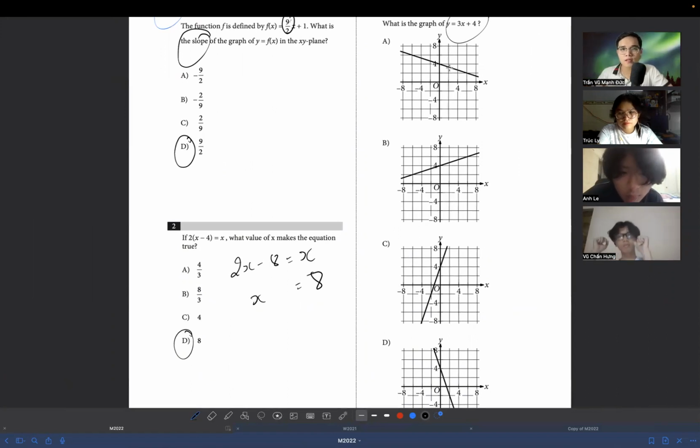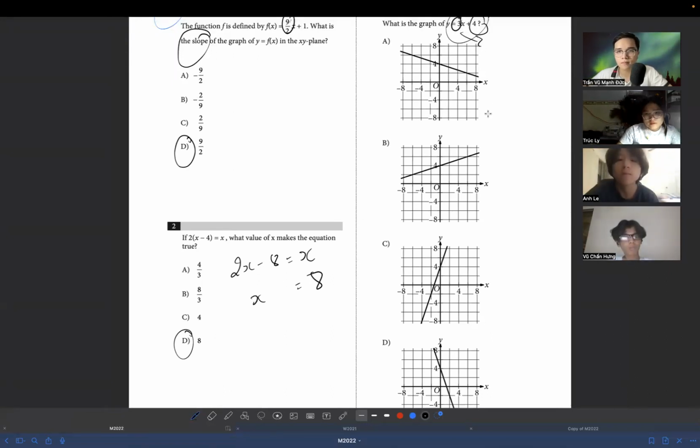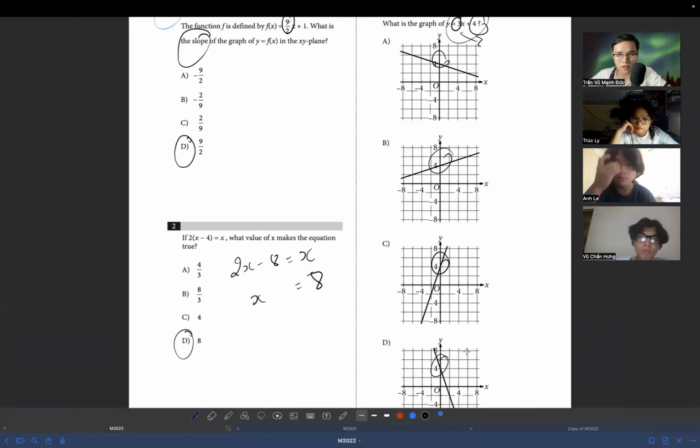Okay, let's see. So the slope of it is 3, right? And what is the y-intercept? 4. Yes, exactly. So let's use process of elimination. We see everything is 4, so the only thing that differentiates between these equations is the slope. We can't use the 4 to cross out any wrong answer, so we're going to have to rely on the slope.